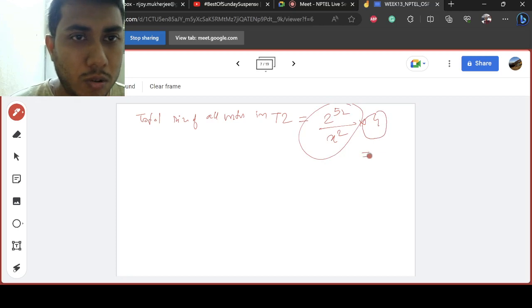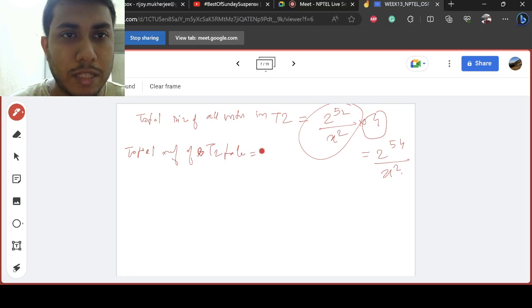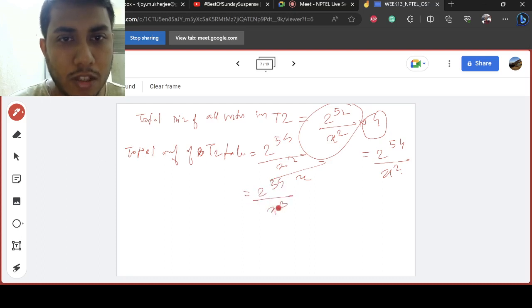Now the total number of T2 tables is that divided by x, which gives a factor of x cubed.